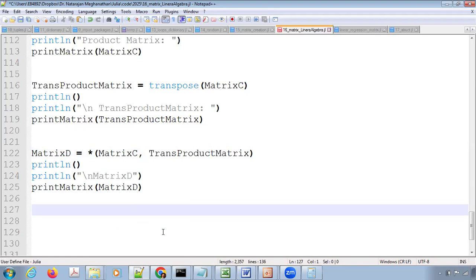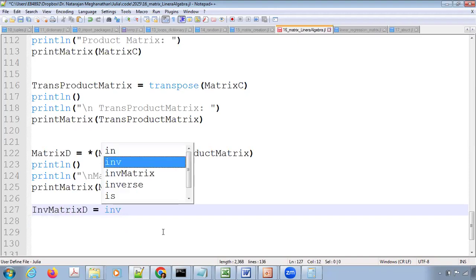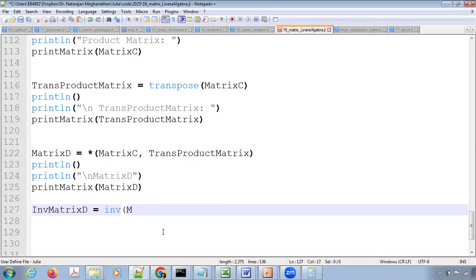Now, since it's going to be a square matrix, as I said, the product of a matrix and its transpose is always going to be a square matrix, I can also find its inverse. So this is a revision of what matrix functions we already saw. So we can find the inverse of it. The inverse of matrix D is going to be found by calling the INV function and passing the matrix D as the argument.